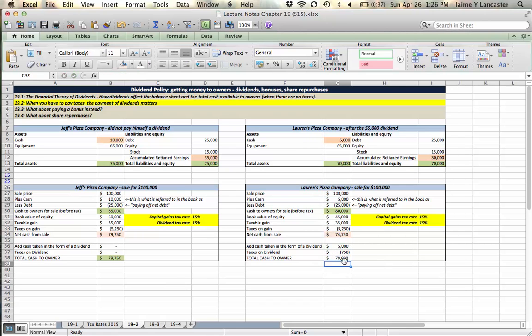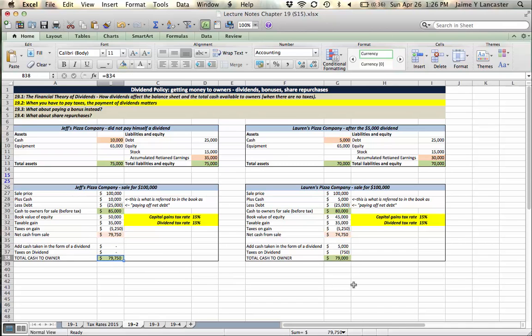And this is interesting because even though dividends and capital gains are taxed at the same rate, paying yourself a dividend means that you are going to have to pay tax on that dividend separate from the tax that that firm already paid in order to add that cash to their balance sheet.